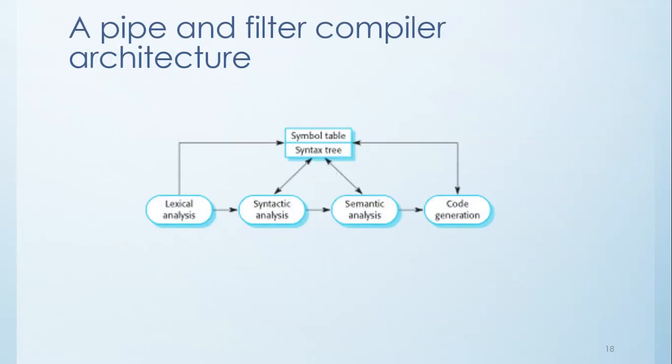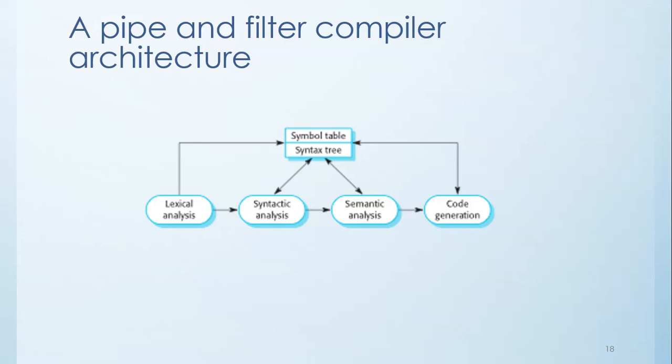So here's a pipe and filter compiler architecture. You notice that you're transforming the human input through the lexical analysis, syntactic analysis, semantic analysis, and code generation, and you successively update the symbol table and the syntax tree.